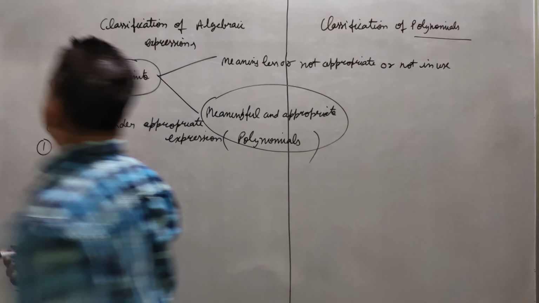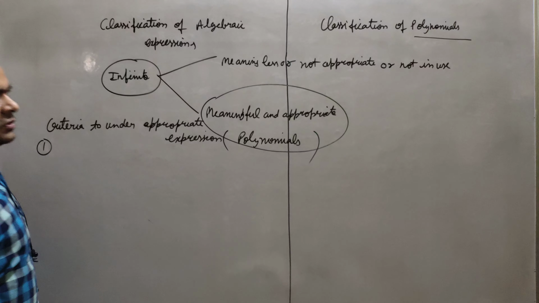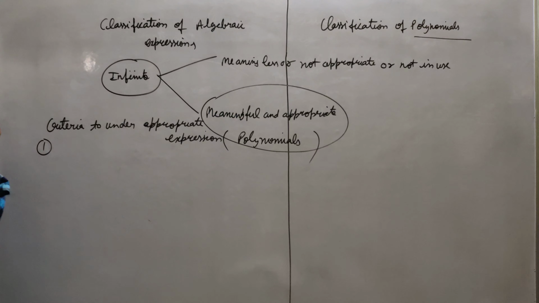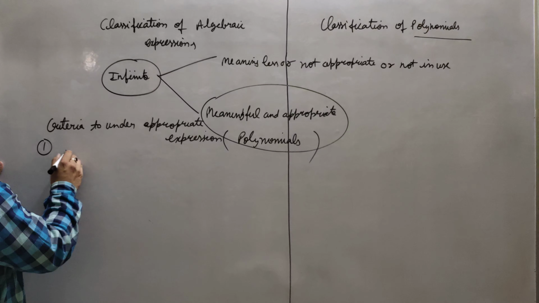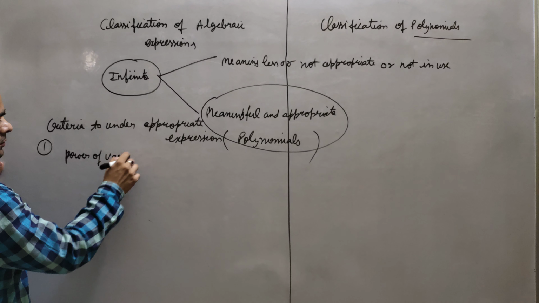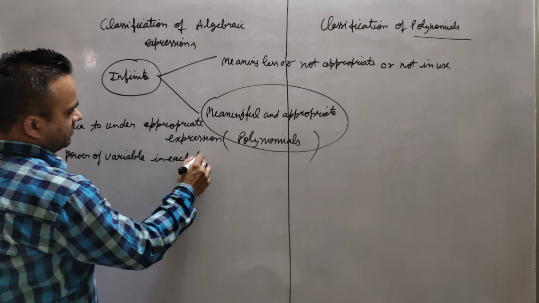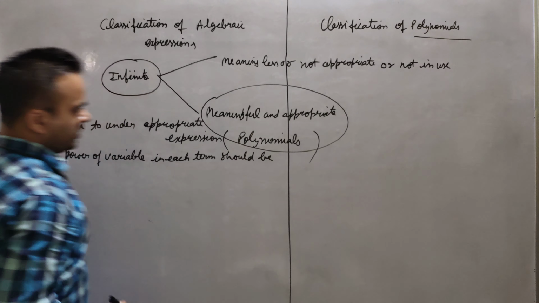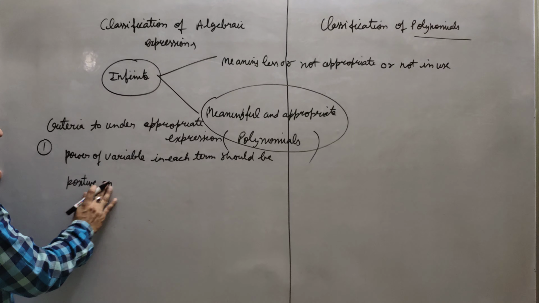We filter some algebraic expressions on the basis of some criteria, and we will say that they are polynomial. So what is that one? Right. Number first, the power of variable in each term should be positive, right?